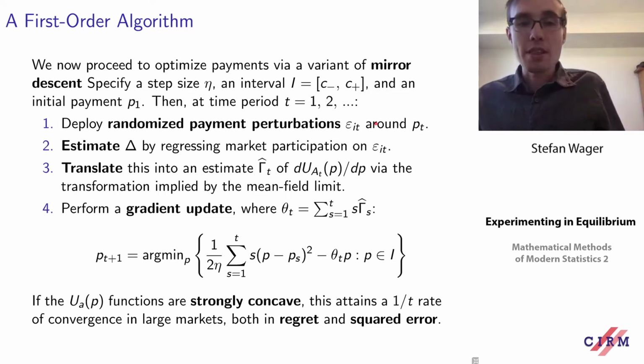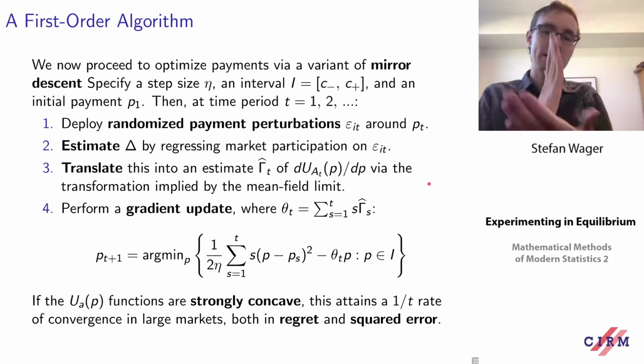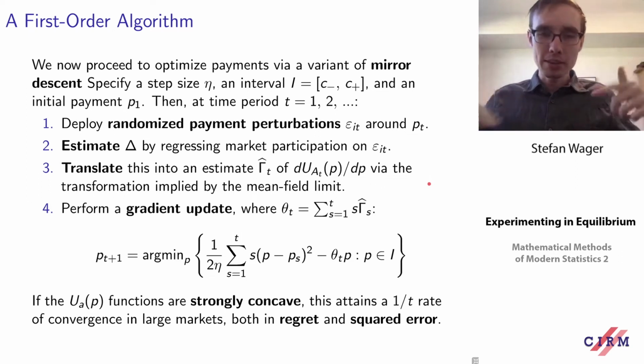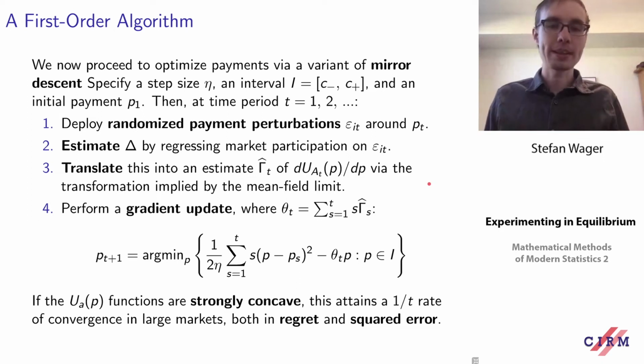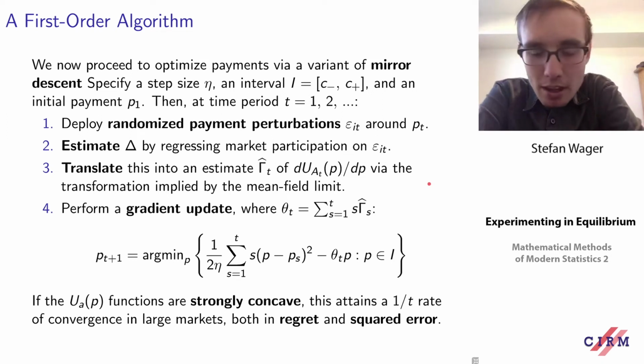Every time period, we pick our target payment level and deploy micro perturbations around the payment. Then we estimate delta, this marginal response function, by regressing market participation on epsilons. Then we apply all this machinery that solves the mean field limit to map from delta to the thing we care about, the utility derivative with respect to p. And then we perform a gradient update.